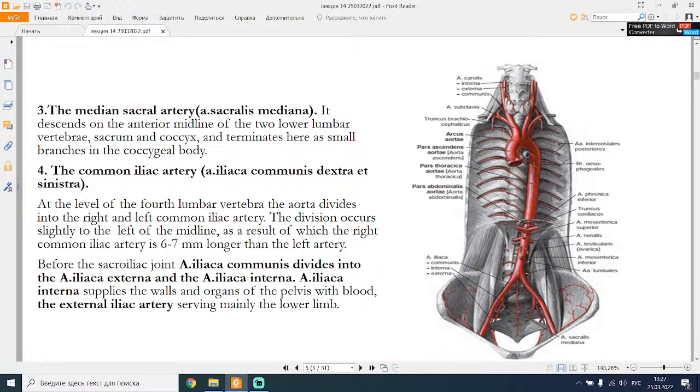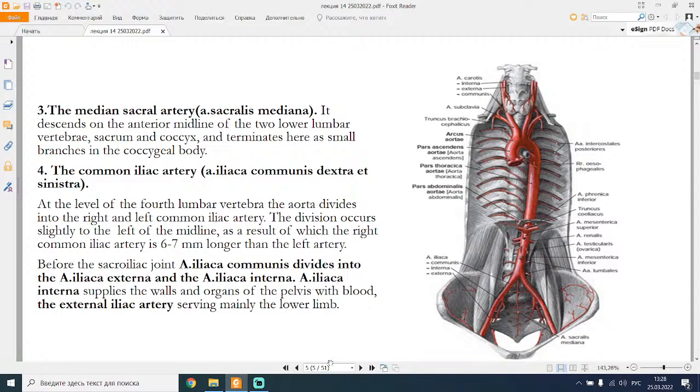Before the sacroiliac joint, Arteria iliaca communis divides into the arteria iliaca externa and arteria iliaca interna: arteria iliaca externa dextra, arteria iliaca externa sinistra, arteria iliaca interna dextra, arteria iliaca interna sinistra.